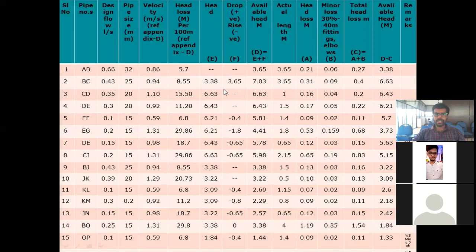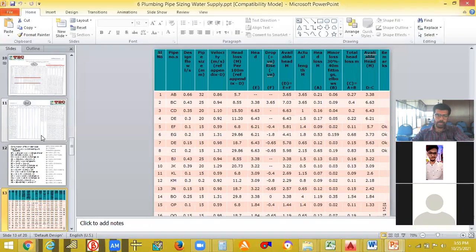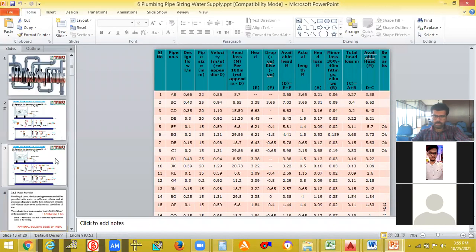Now there is a head. From where did you get this 3.38? This available head will be the head here. This 3.38 will be the head at BC. You have found the available head in AB. That head will be the value of BC head, okay, 3.38.